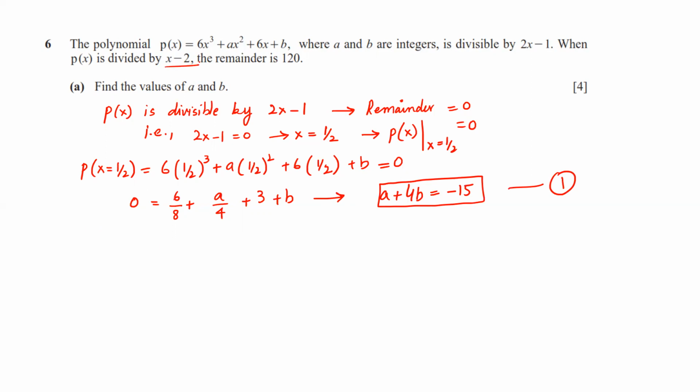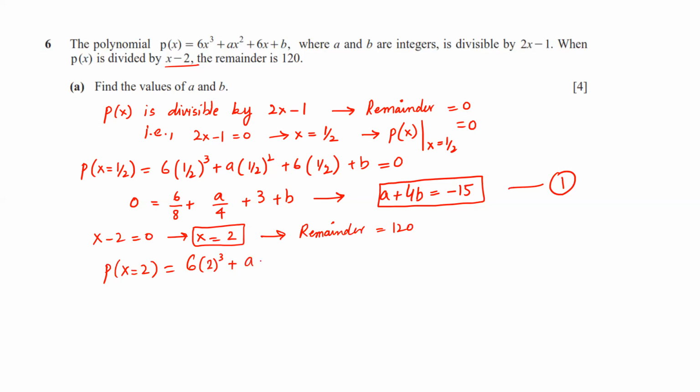Okay, now when this is divided by x minus 2, it means that x equals 2. So when you divide it by x minus 2, the remainder is equal to 120. So just simply p(x) at x equals 2. This will become 6 into 2 cube plus a into 2 square plus 6 into 2 plus b, and the remainder is equal to 120.